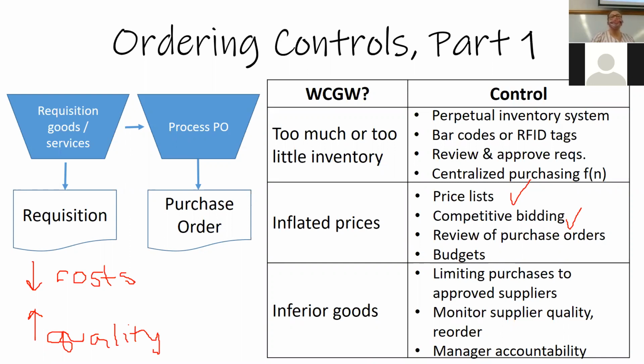So this is why the ultimate goal is best cost: the best quality you can get at the lowest price. A way to mitigate that is by limiting purchases to approved suppliers, like the catalog, like GAP used, monitoring supplier quality and how often you need to reorder those goods if they don't meet your quality control standards, and then holding managers accountable for rework. That's another example that goes back to my Corvette.